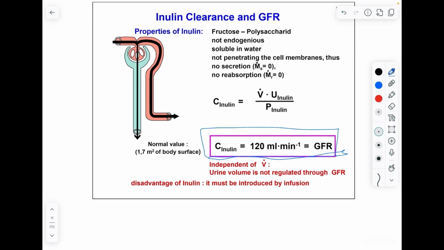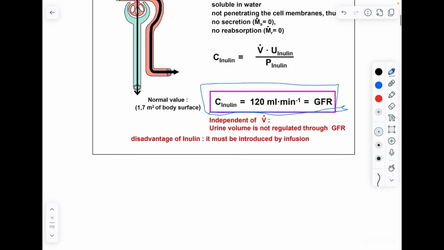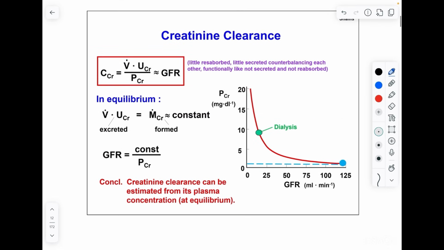So we can estimate GFR from its clearance, if we can calculate it. Same with creatinine. Creatinine is little reabsorbed and little secreted. So for example, if we reabsorb 5 of the filtered creatinine, and then we secrete 5 milliliters, they will balance each other, and we will only have the GFR, or the amount that's filtered.